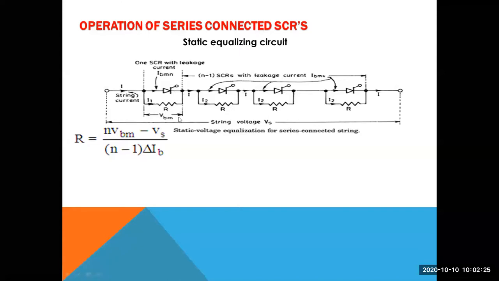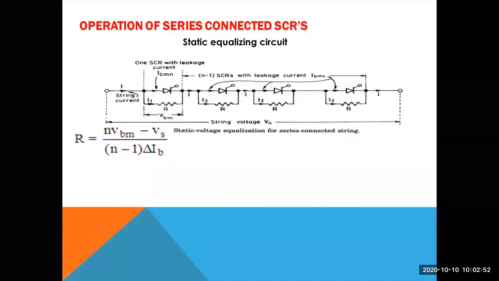The voltage drop across each SCR, which is the voltage across each SCR, will vary. Each resistance will have a different current rating, so we are getting different voltage distribution, not equal distribution.